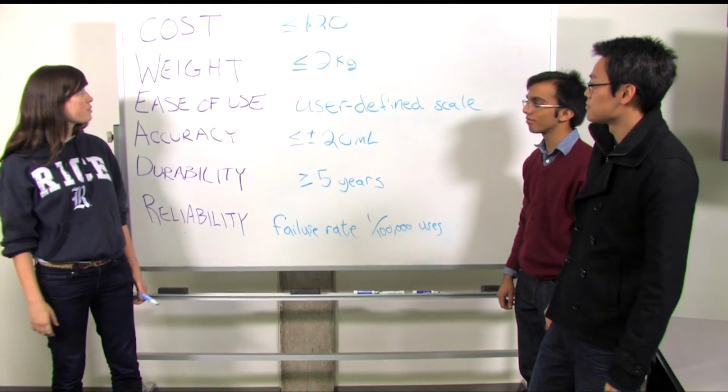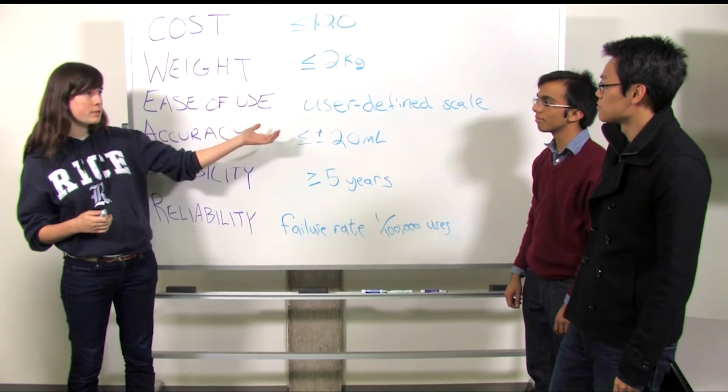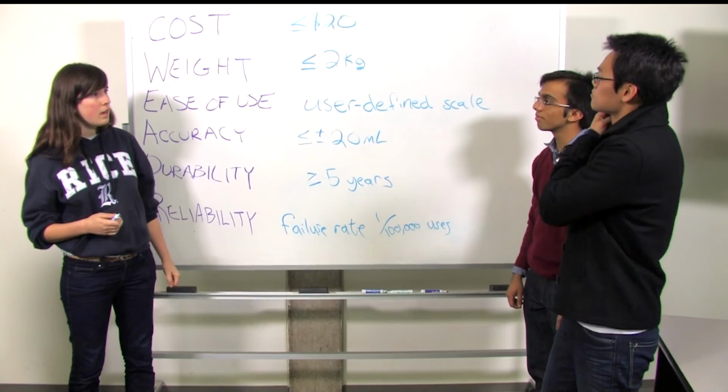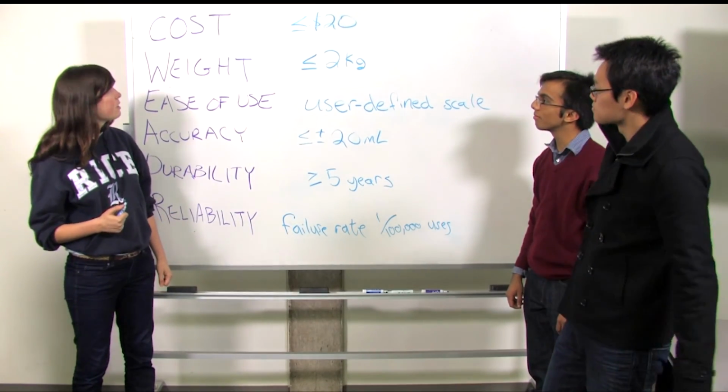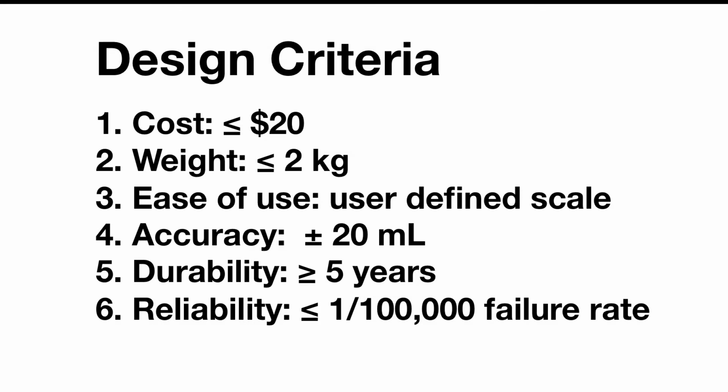So what we've done is we've taken our objectives and turned them into measurable design criteria that we can use when making decisions about how to engineer this device. We said we want our cost to be less than $20 and the weight of each device to be less than 2 kilograms. For ease of use, we thought it would be more suitable to have a user-defined scale.